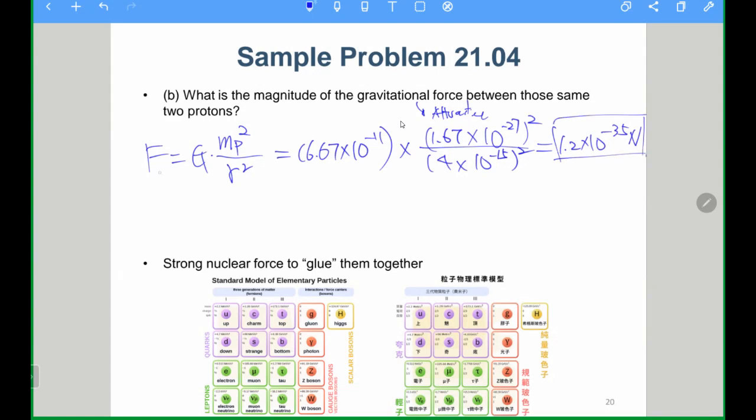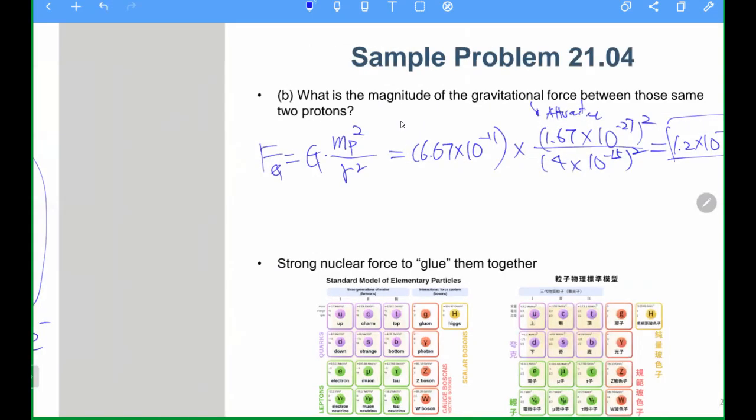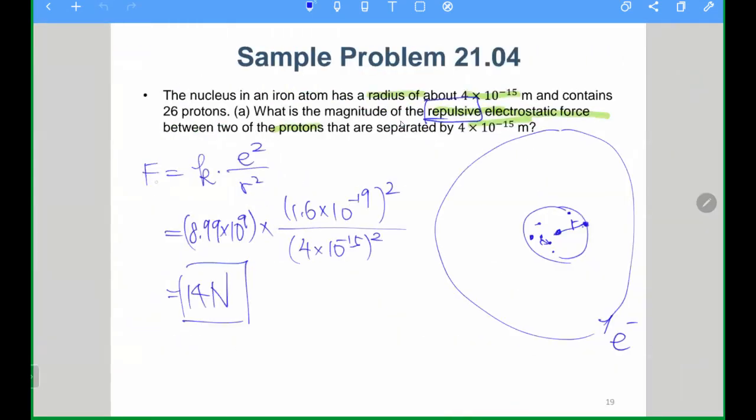This is the gravitational force. This is the electrostatic force, or the electromagnetic force. So this Fe is much, much, much larger than the gravitational force. So this is repulsive. This is attractive.